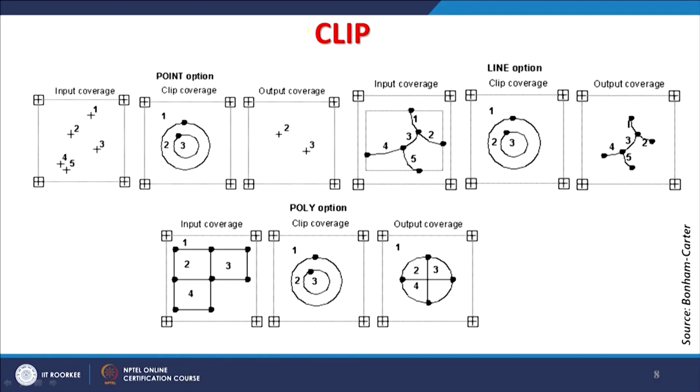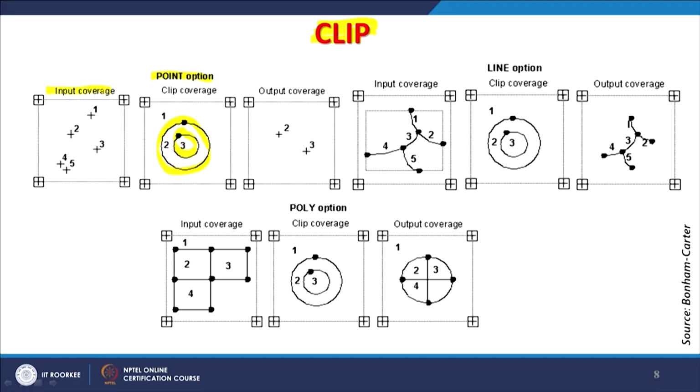Now, this clip or extract, it is also called extract in many GIS software, like in ArcGIS, is retrieving data based on basically a polygon boundary. So, in case of point data, this is the example that I have: these polygons or circles, and these are my input coverage or point data.